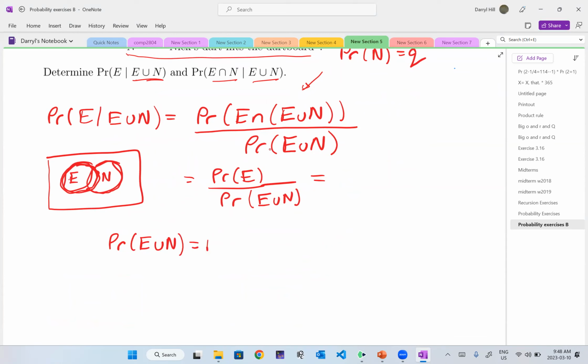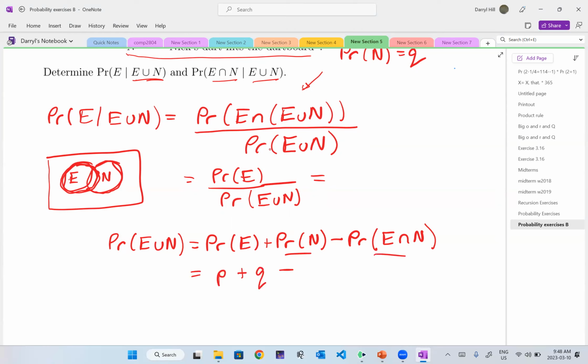So this is equal to the probability of E plus the probability of N minus the probability of E intersect N. So yeah, union poses a problem in some sense, but now I have this written in terms of intersections and individual probabilities. I know these two, so this is P plus Q minus, and what is this then?